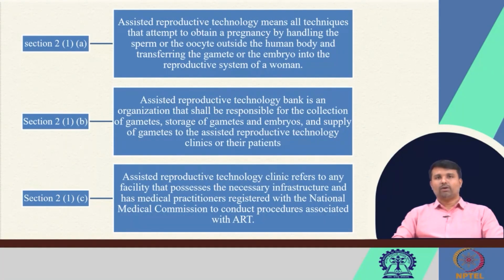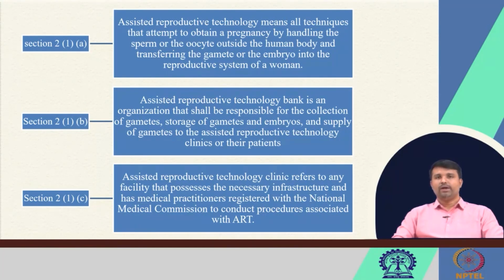Section 2(1)(a) of the Act defines assisted reproductive technology. Assisted reproductive technology means all techniques that attempt to obtain a pregnancy by handling the sperm or oocyte outside the human body and transferring the gamete or the embryo into the reproductive system of a woman.